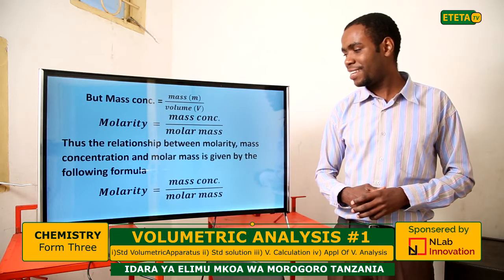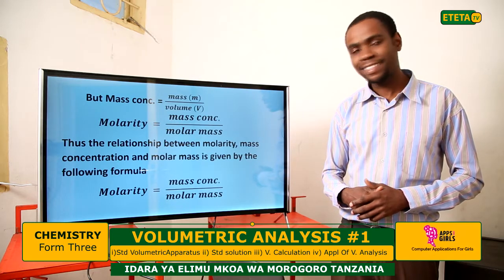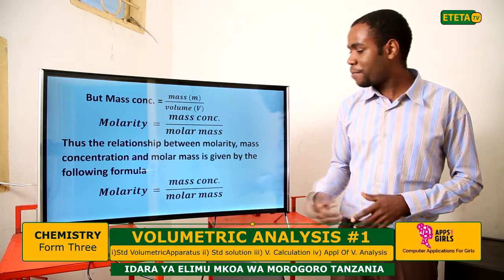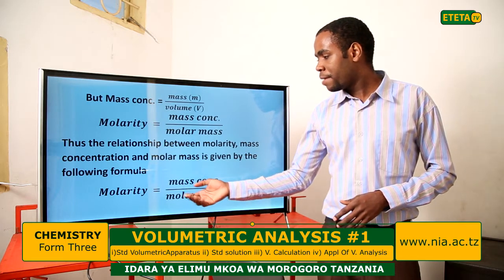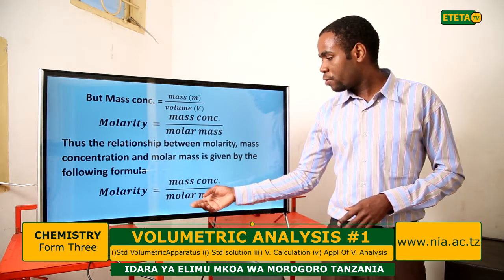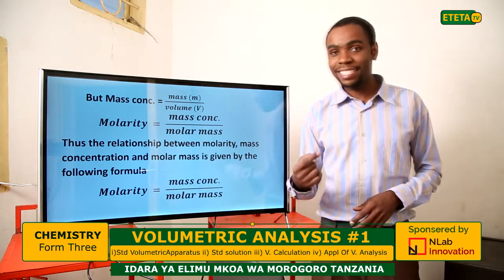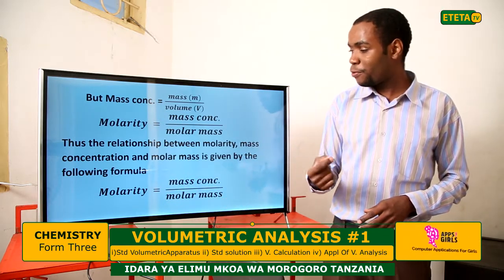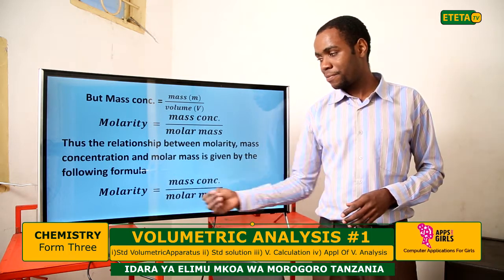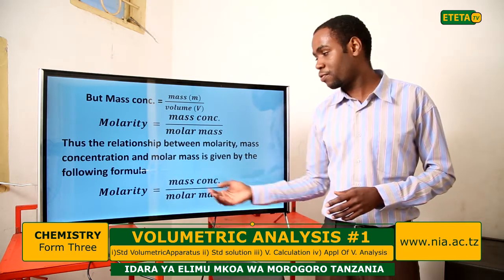Students, if you have been given maybe two values of these, and then you have been asked to calculate the value of one thing, it is very possible by using these formulas.